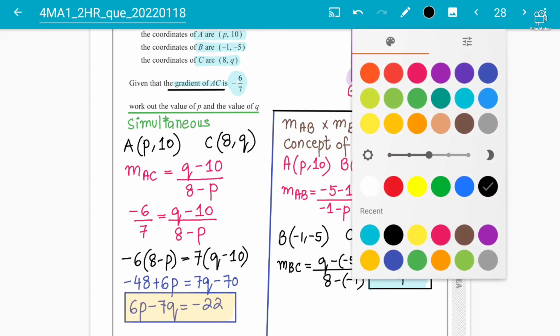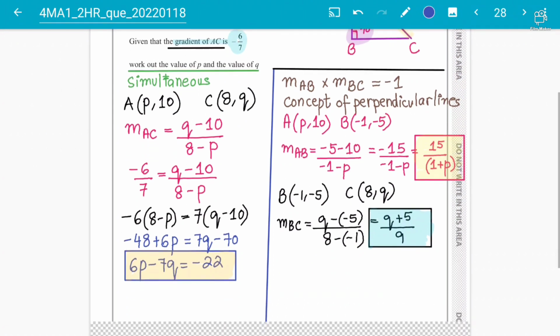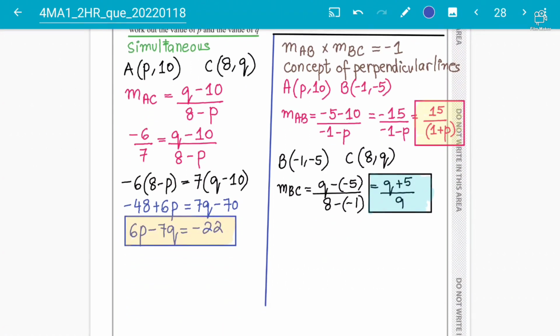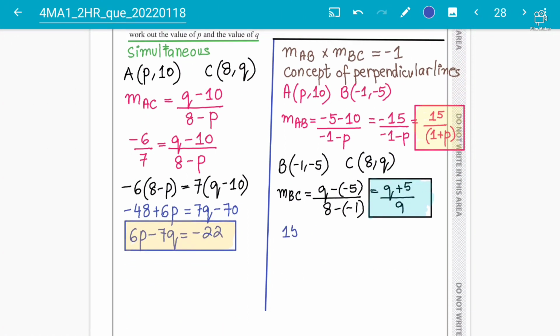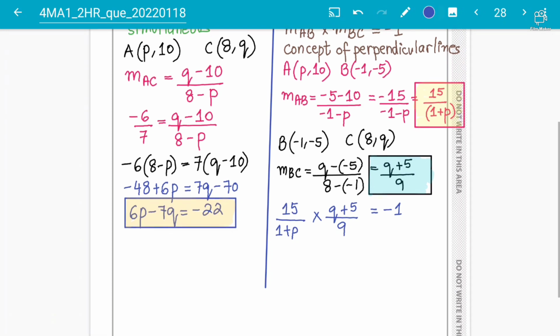So when you have got this, move forward. Now let's write down the equation here. The gradient of AB multiplied by the gradient of BC is equal to -1, okay, students? Now you can make a subject and just solve it.